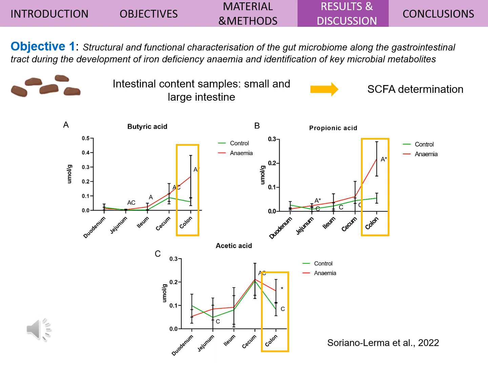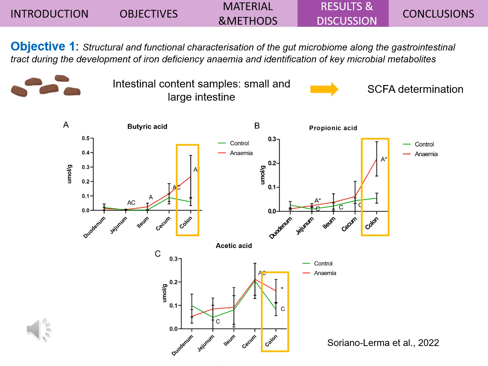Next, and in light of recent results, we determined short-chain fatty acid concentration in the intestinal content samples belonging to all intestinal segments. In the case of butyrate, propionate, and acetate, we observe the same pattern where there was a progressive increase of all 3 fatty acids during anemia from the most proximal to the most distal regions of the gastrointestinal tract.